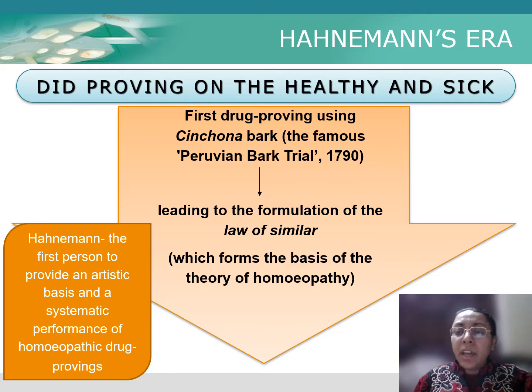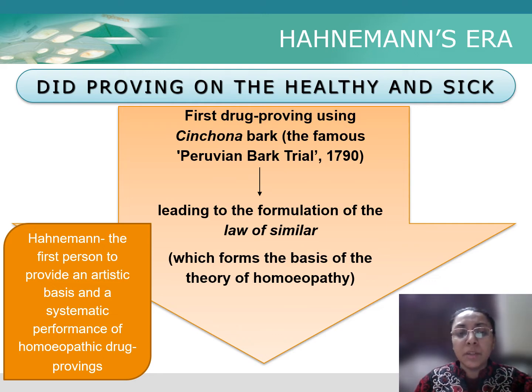This was done by Hahnemann during his era. Hahnemann did proving on the healthy and the sick individuals during his time period. His first drug proving was using cinchona bark. You must be familiar with the famous Peruvian bark trial which was done in 1790, and this trial led to the formulation of the law of similars, which is the basis of the theory of homeopathy.